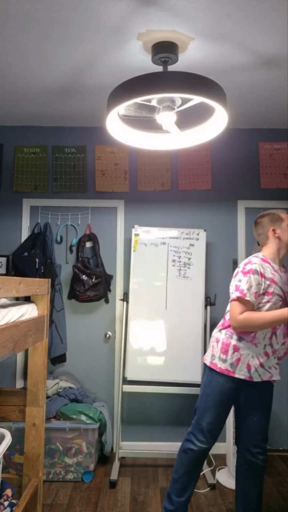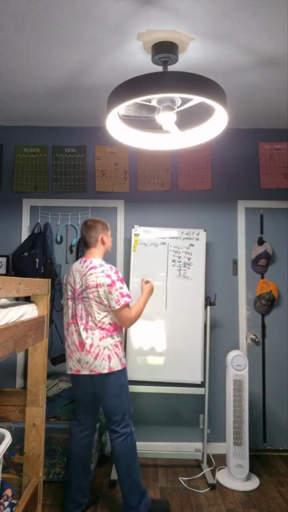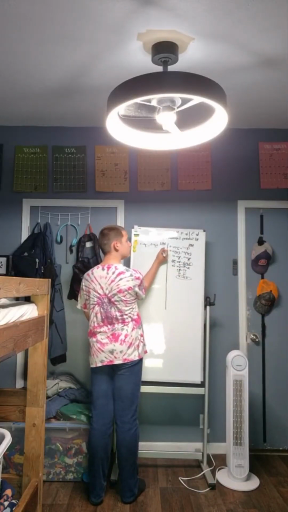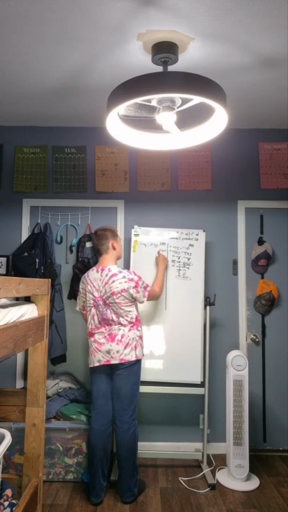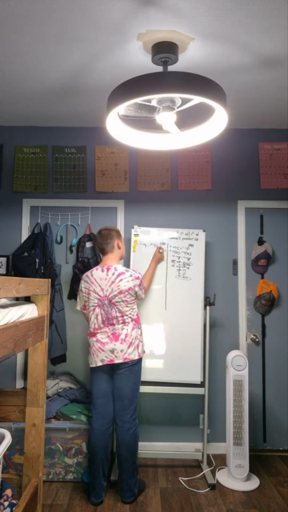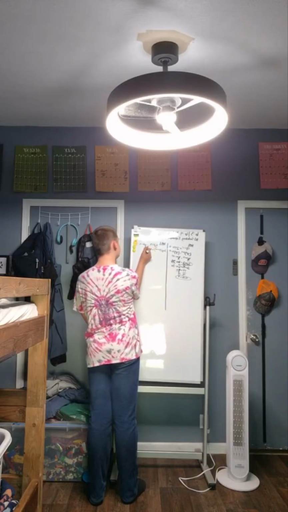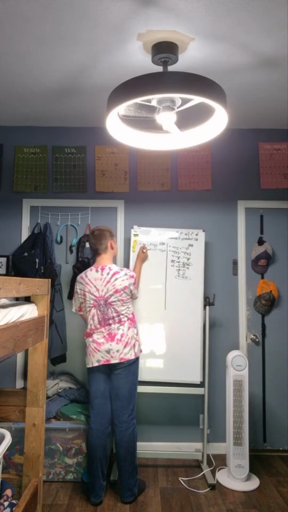So it says log 5 to the power of x plus 3 equals log 7 to the power of 2x plus 1.